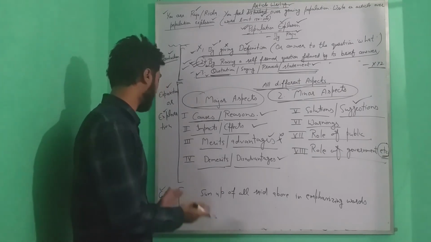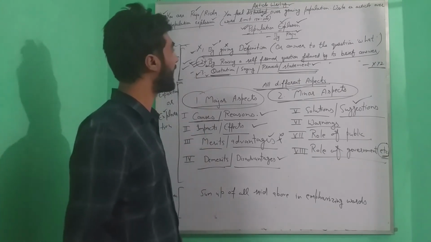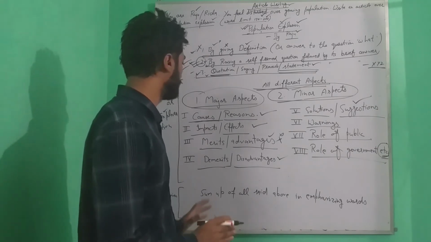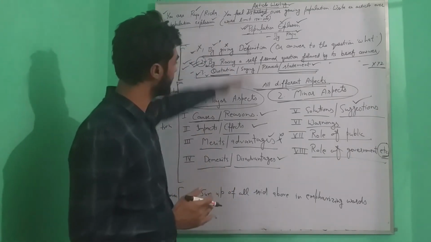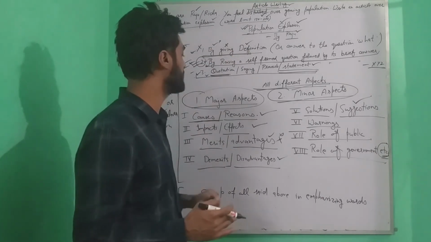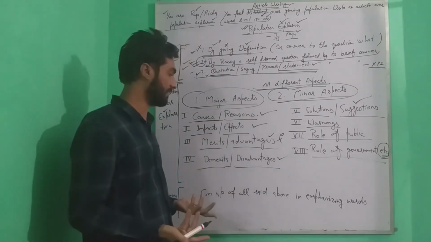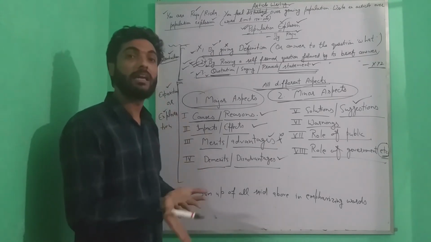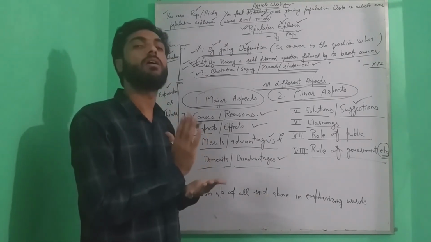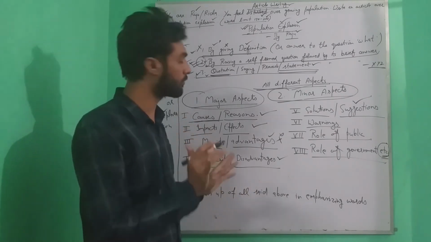As regards the conclusion of an article, we have to repeat the same. Whatever we have said in our 2 previous paragraphs, we have to repeat it, but in emphasizing words in 1 or 2 sentences, not more than this.